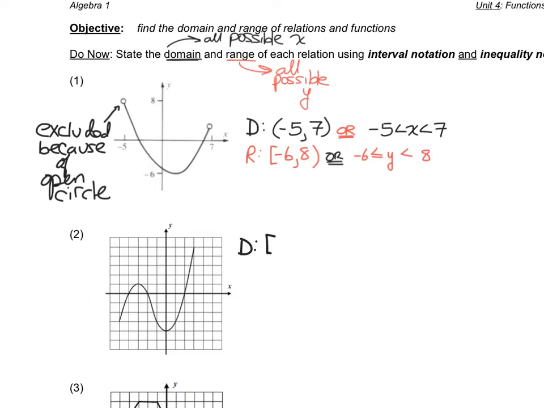-5. If you're counting boxes from the y-axis, you're going 1, 2, 3, 4, 5 units away. So -5. And then 1, 2, 3 units away if you're going in the right-hand direction. No open circles, so square those brackets up. Or, if I'm going to inequality notation, I know what my two numbers are, -5 and 3.